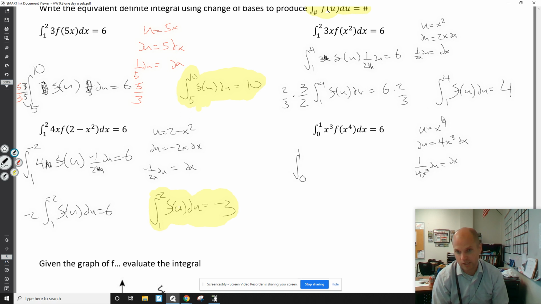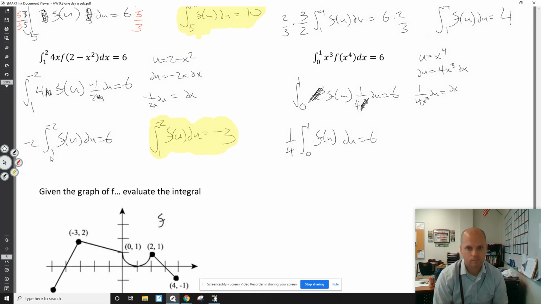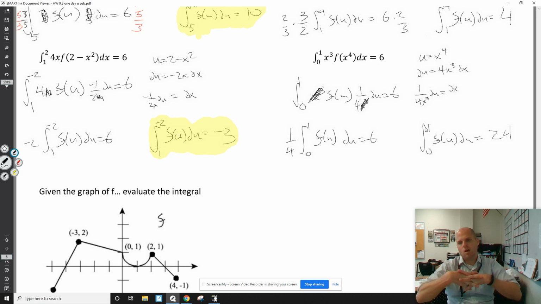It stays 0 to 1 because it's x to the fourth. Pull out the 1/4. Multiply by 4. Done.